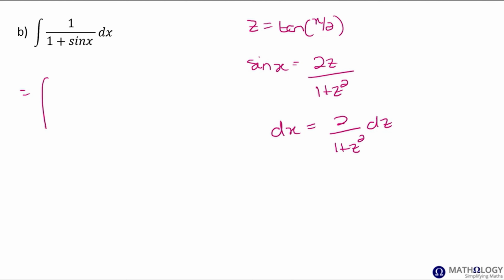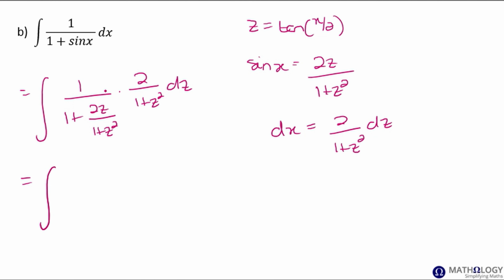So this equals the integral of 1 over 1 plus 2z over 1 plus z squared times dx, which is 2 over 1 plus z squared dz. So that's the integral of, we're going to get a single fraction here at the bottom. So the LCD is 1 plus z squared.